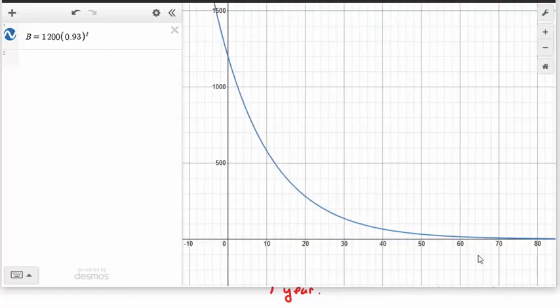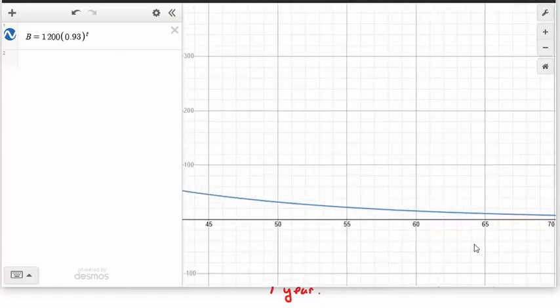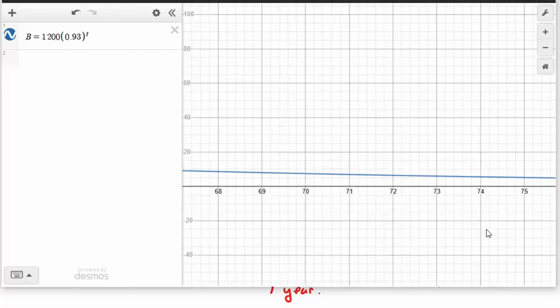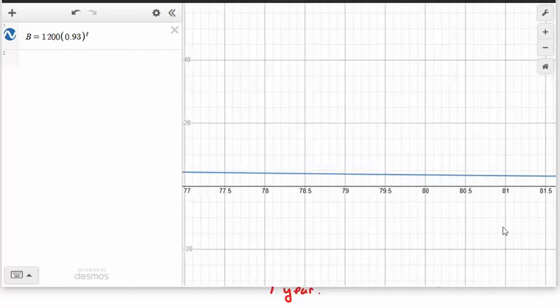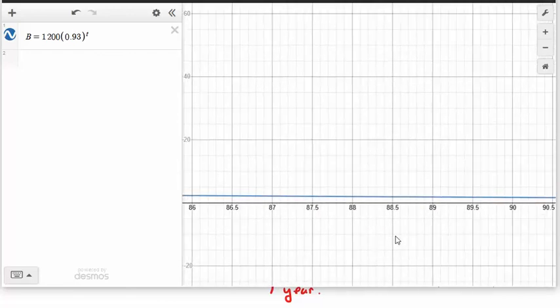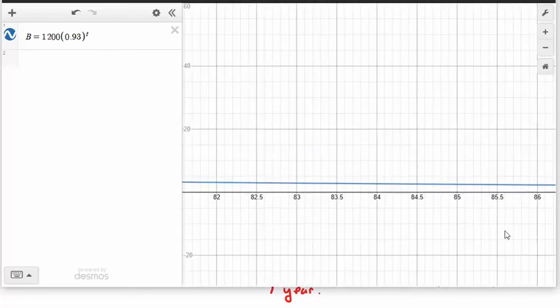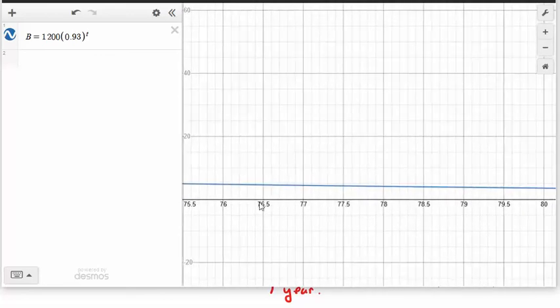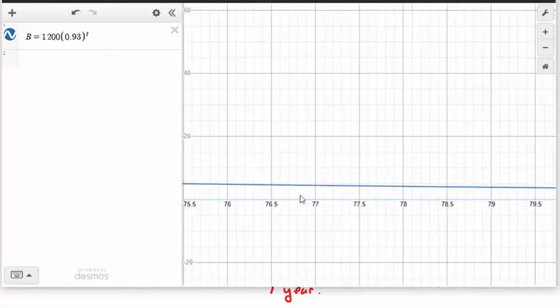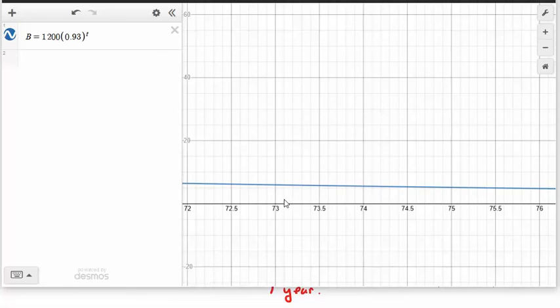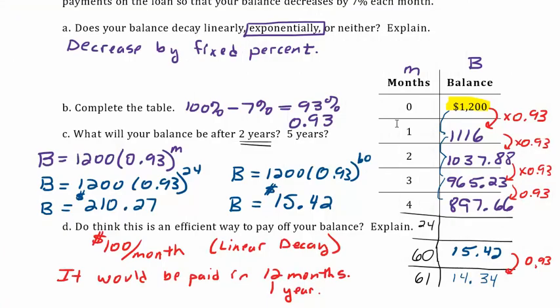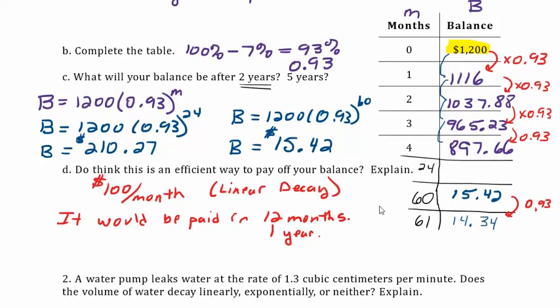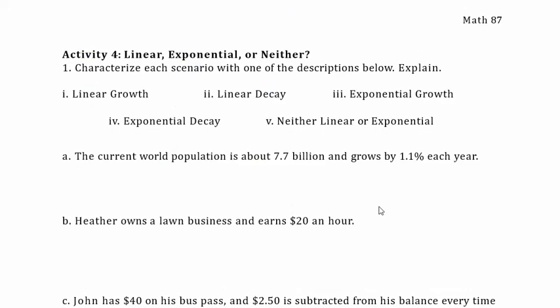So technically, it's never really going to get to 0, because you're taking 93% of the number before. You're never paying it off. You're always having a balance. So that's what the graph of exponential decay is going to look like. It approaches 0, but it never actually touches 0. So not a good way to pay off your balance, as opposed to linear, which will get to 0.